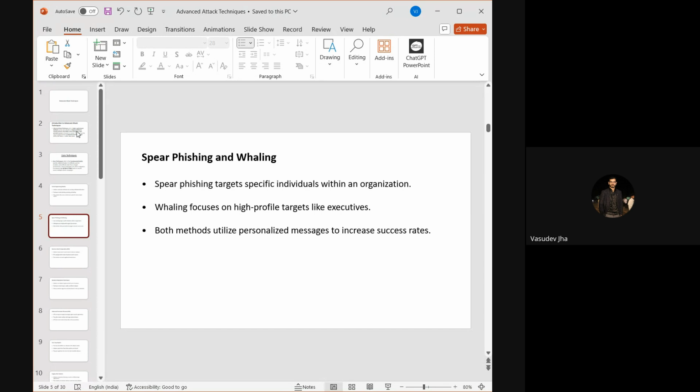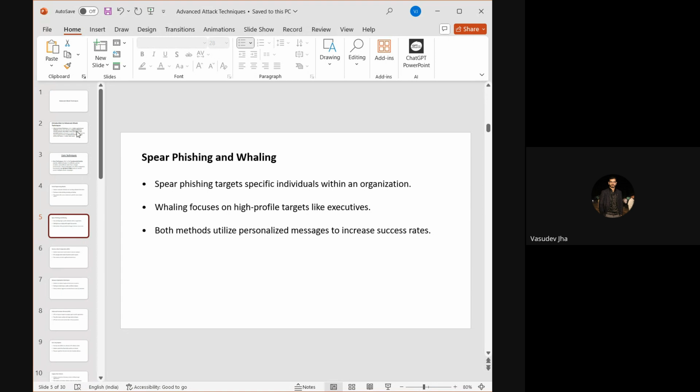All of you know what spear phishing and whaling are. Whaling focuses on business people. Spear phishing targets a specific person, or a specific individual within an organization.